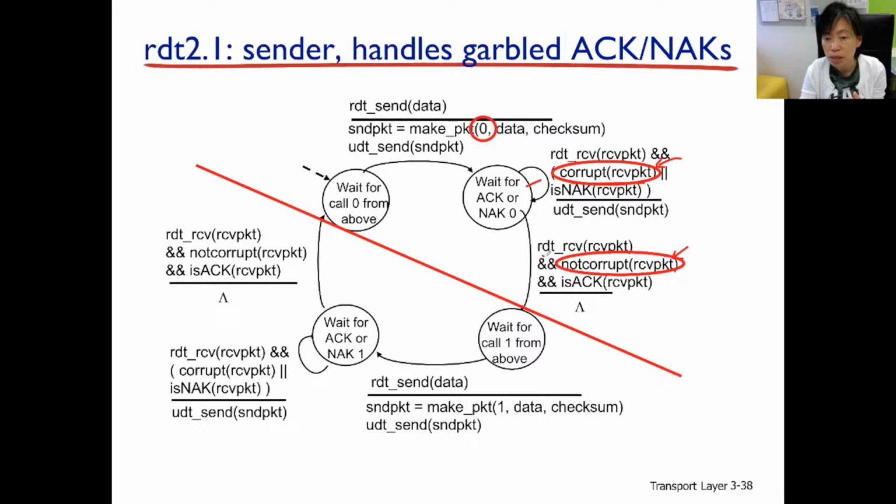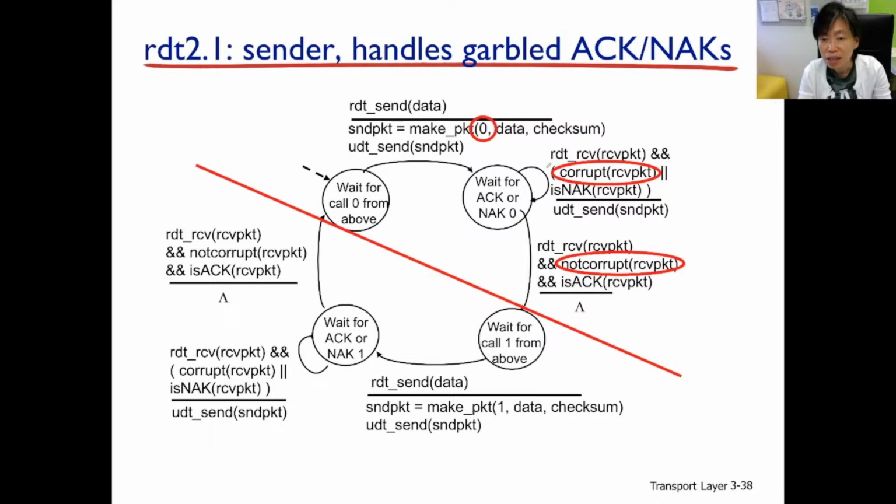So if we receive a feedback packet from the network layer, and we check that it's not corrupted, everything is fine. And that packet is a positive feedback. That means what? Transmission of packet 0, perfect. So we do nothing and then we move on to wait for call from above again. All right. So this transition here is straightforward.